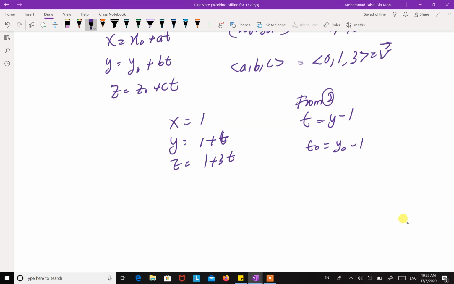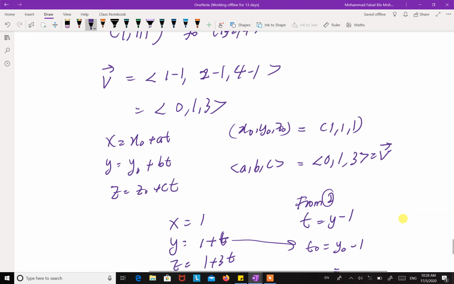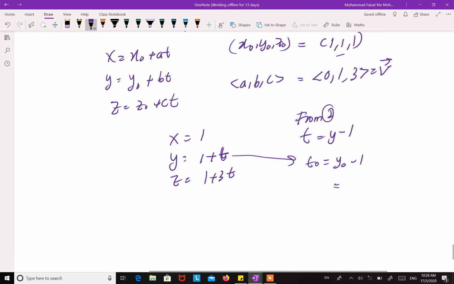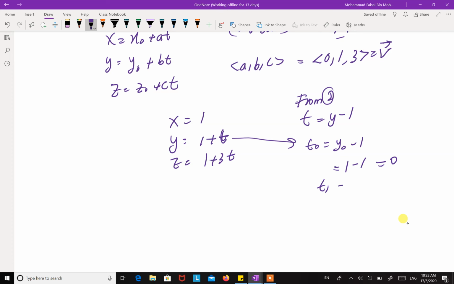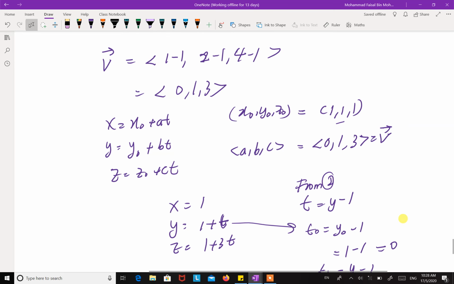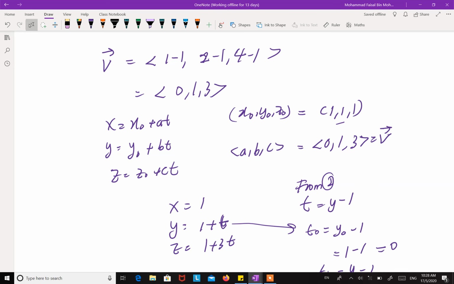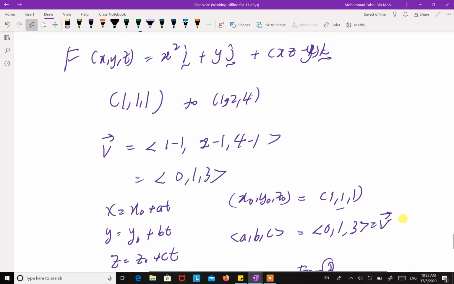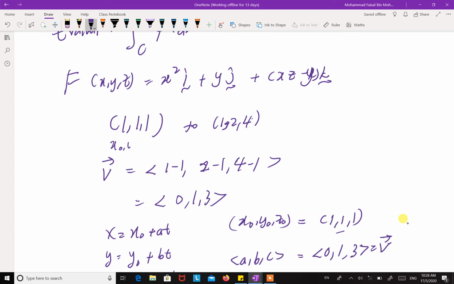I just rearranged it from here. Your y naught is 1, so 1 minus 1 is 0.